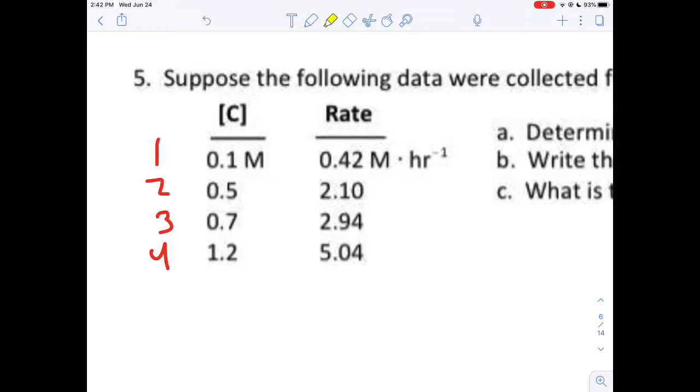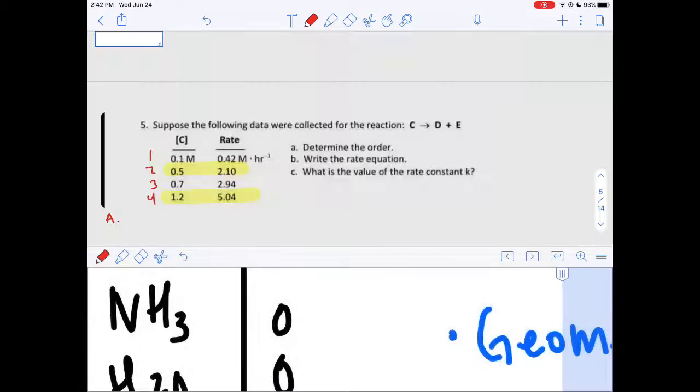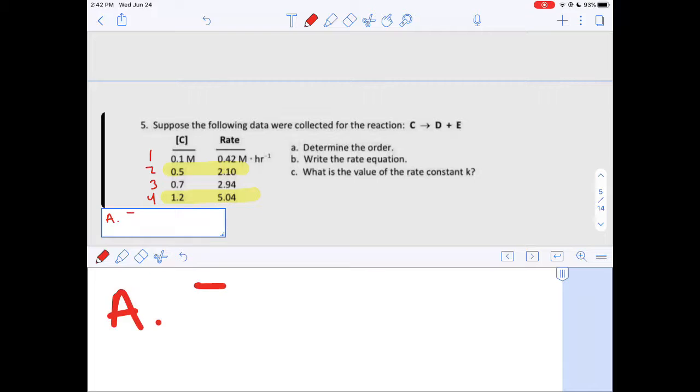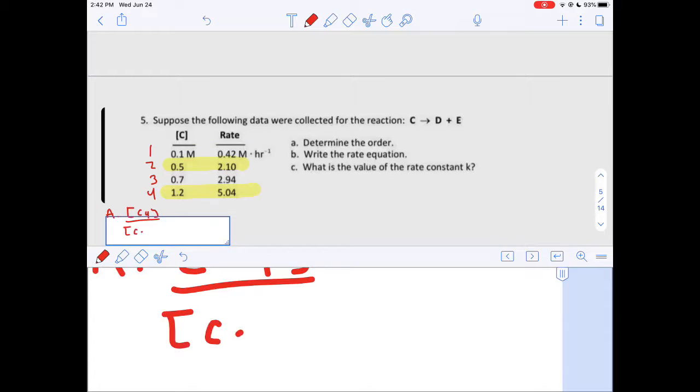But I'm going to do plot 4, plot 2. And you're always going to divide the bigger one, that's going to be the numerator, by the smaller one, that's going to be the denominator. So we're going to do concentration of C4 divided by concentration of C2.